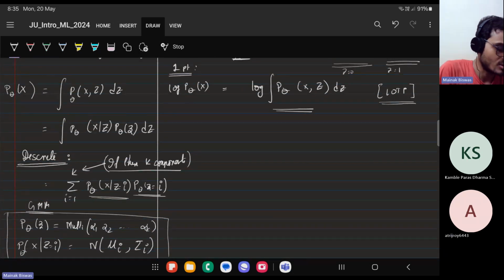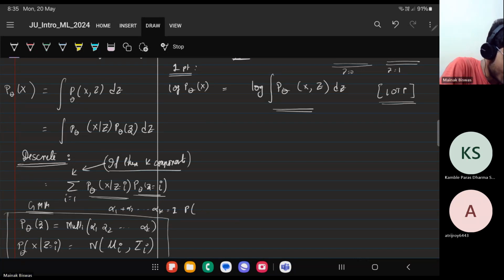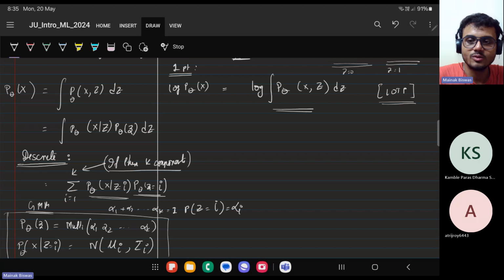Multinomial just means alpha 1 plus alpha 2 and so on up to alpha k equal to 1, and the probability that z is equal to i is alpha i. Like binomial, but with multiple outputs. For example, a die roll, the probability of 1 by 6, 1 by 6, and so on.